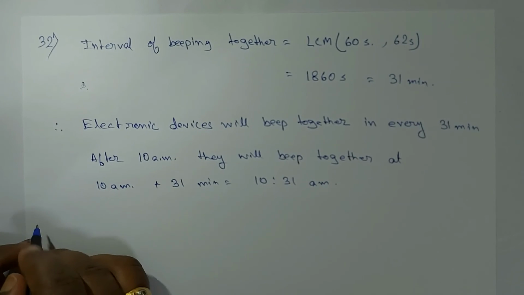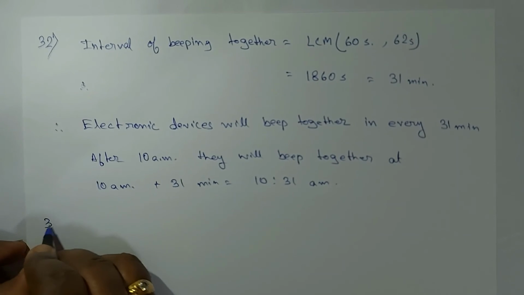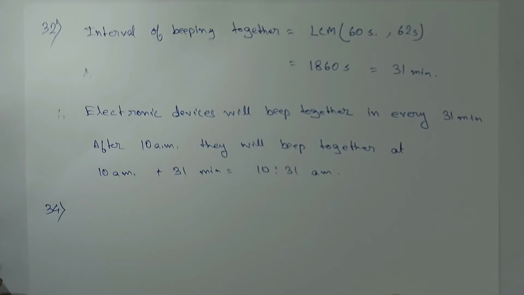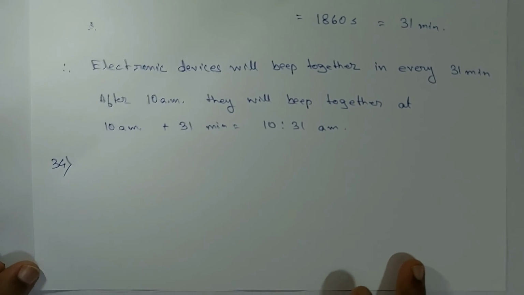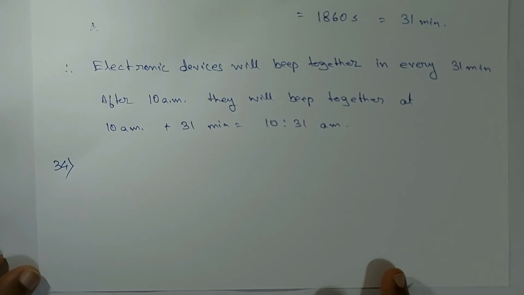Okay. Next is question number 34. 6 bells commence tolling together and toll at intervals of 2, 4, 6, 8, 10 and 12 minutes respectively.